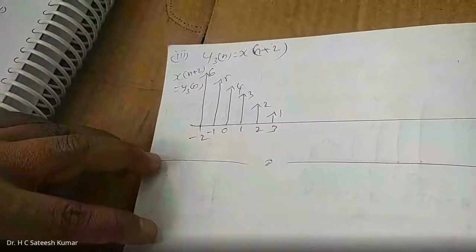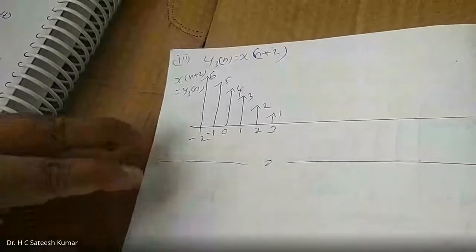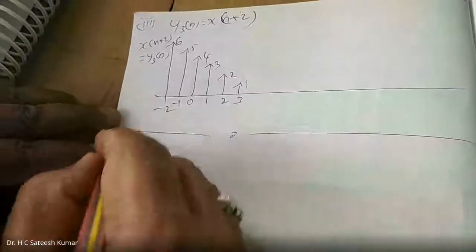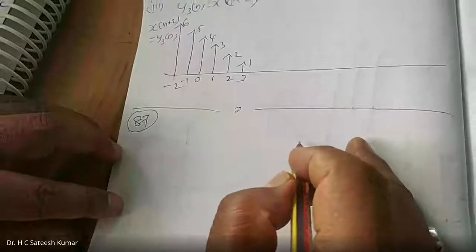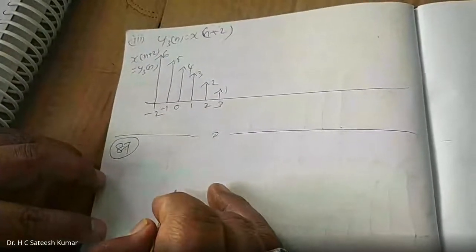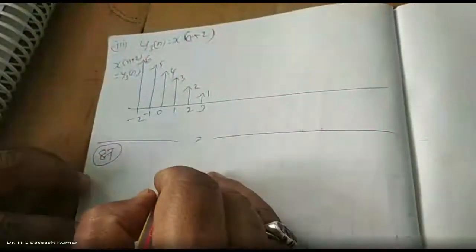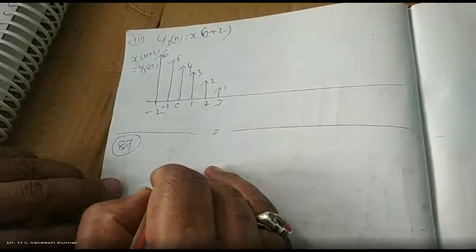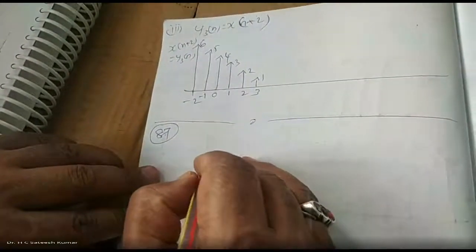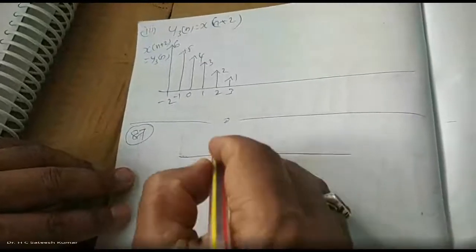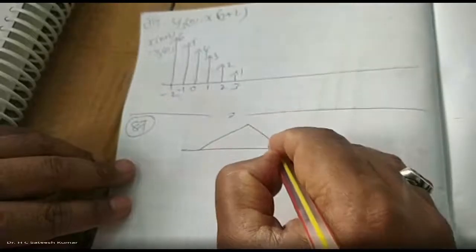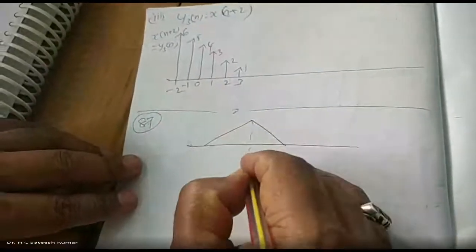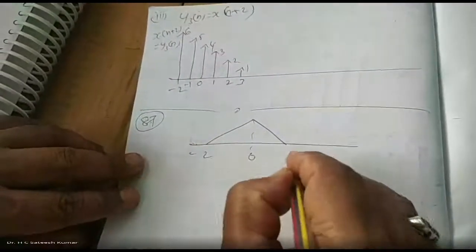Determine the relationship between the signals. Problem number 87. Determine the relationship between the signal x1 of t and y1 of t. He has given x1 of t like this. Sorry, this is 0, minus 2, 2.